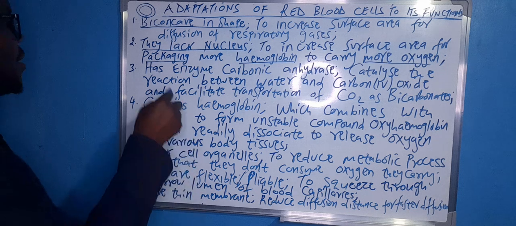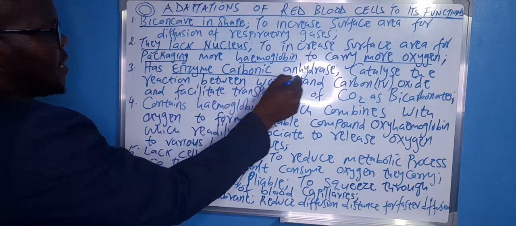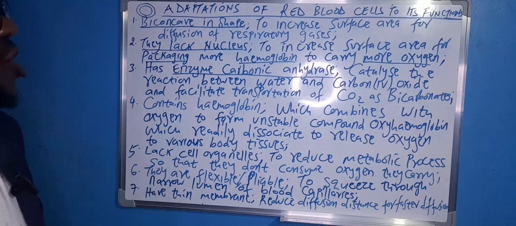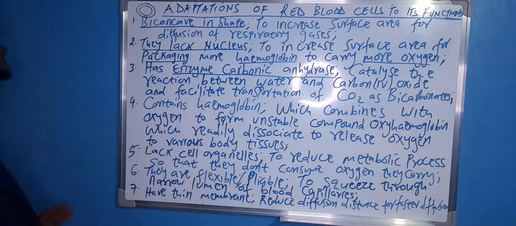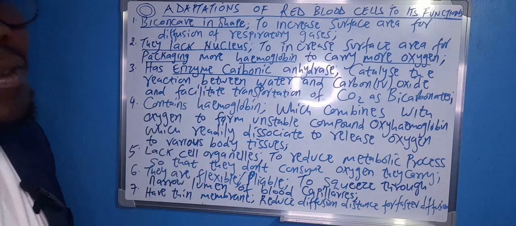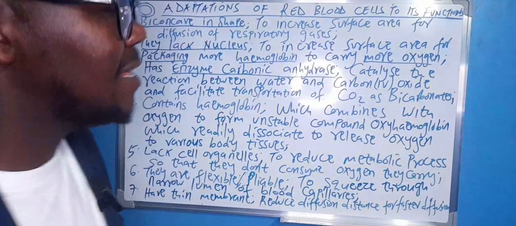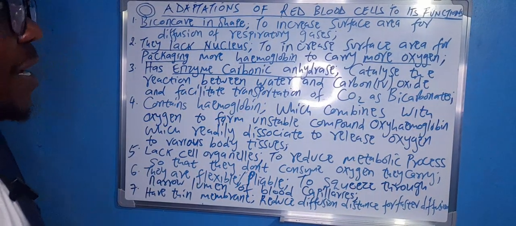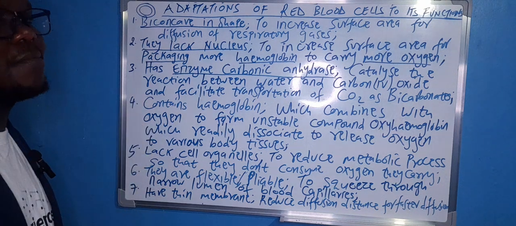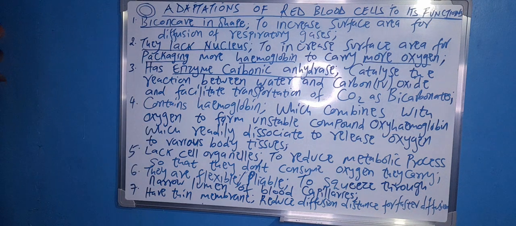Then number three, we have the enzyme carbonic anhydrase. During the transportation of carbon dioxide, this enzyme will be very necessary, because most of the carbon dioxide is carried in the form of the weak carbonic acid.